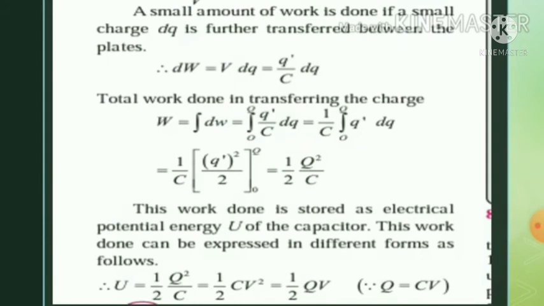So then we can write W equal to 1 upon C into square bracket and then small bracket, capital Q square upon 2 minus 0 square upon 2.